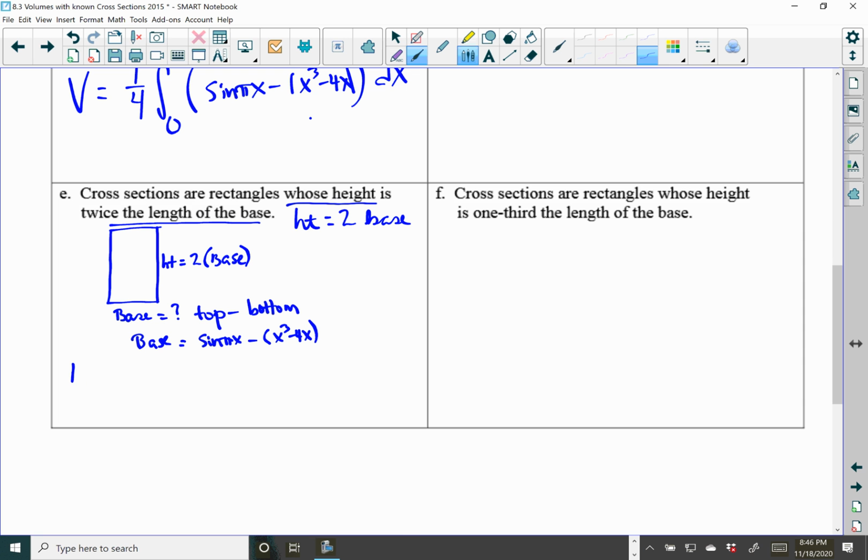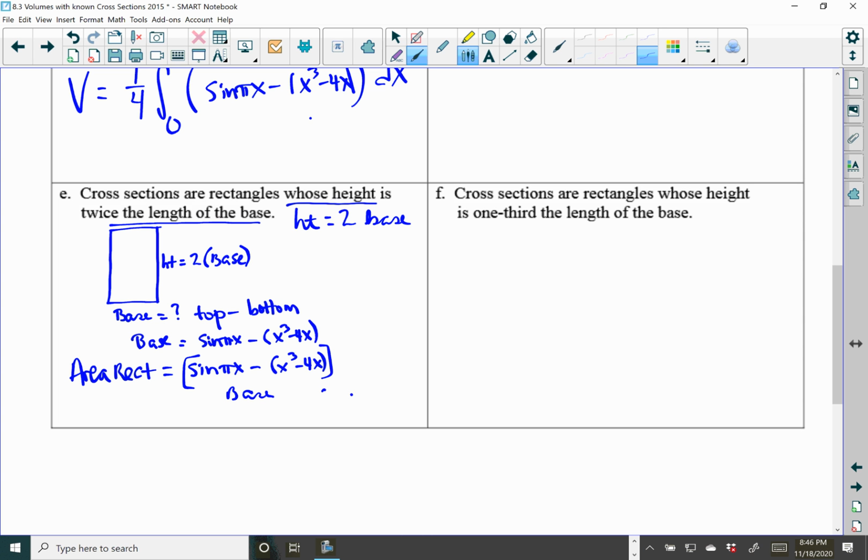So my area of the rectangle, of course, is length times width, or base times height. My base is going to be sine pi x minus x cubed minus 4x. There's our base.